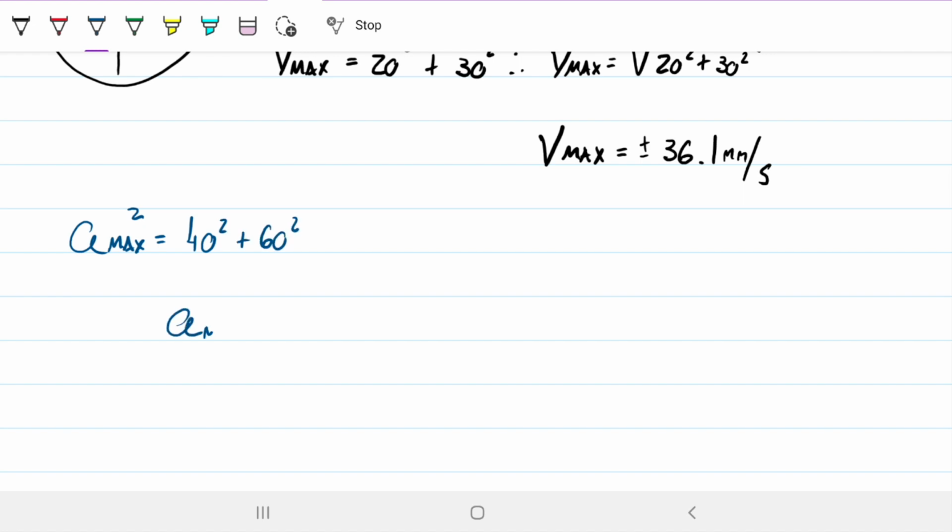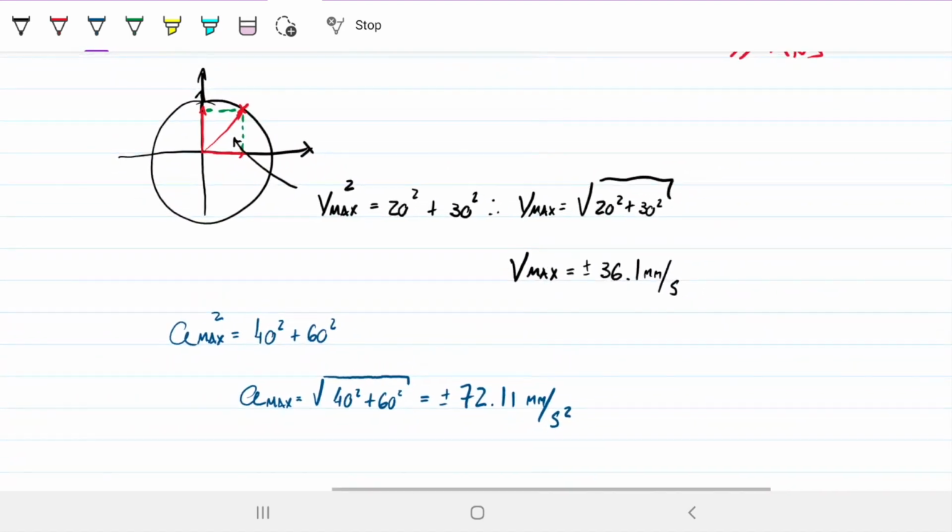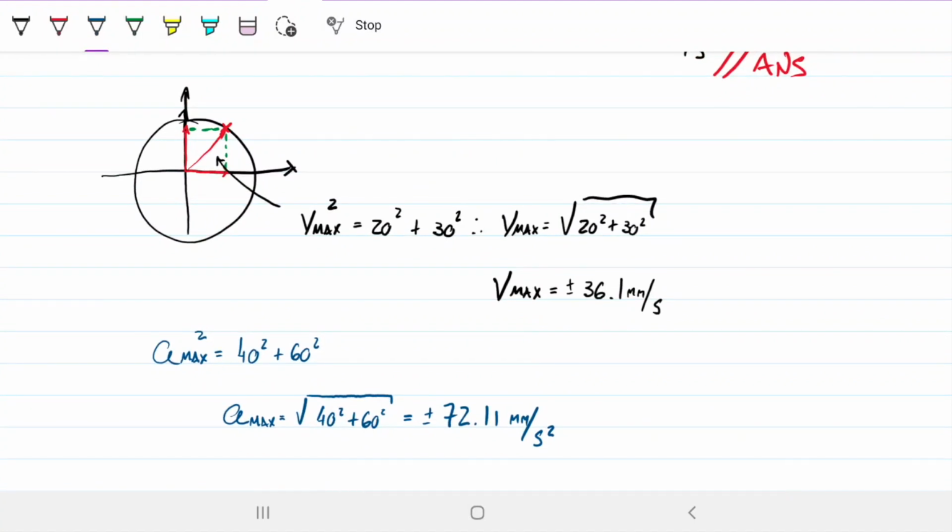Therefore, the maximum acceleration is just the square root of 40 squared plus 60 squared. And once again, positive or negative, and this is 72.11, thankfully exactly the same as the other way of finding it. So this is another tricky, savvy way of finding the maximum velocity and acceleration in situations like this.